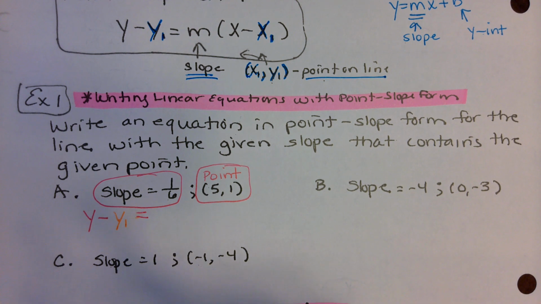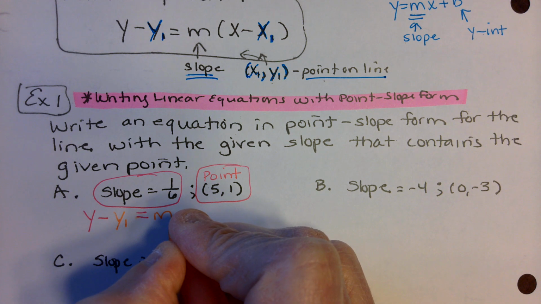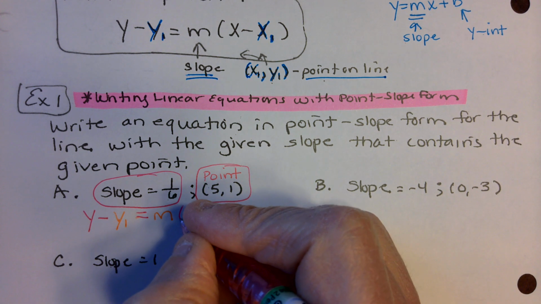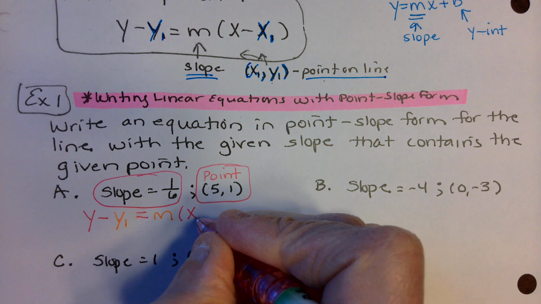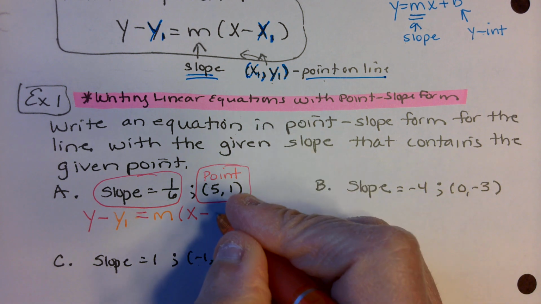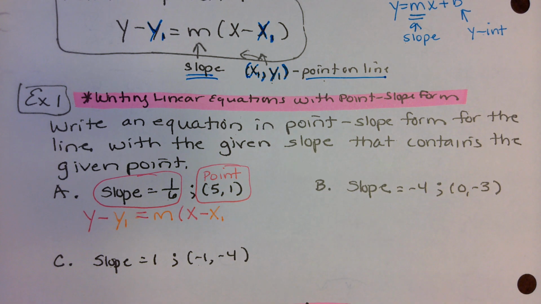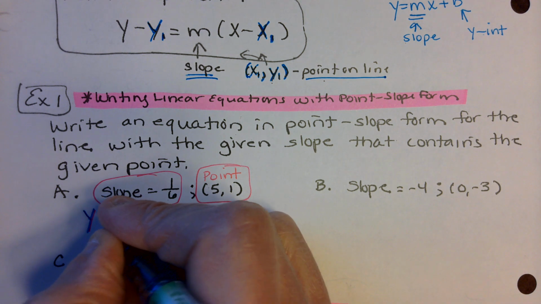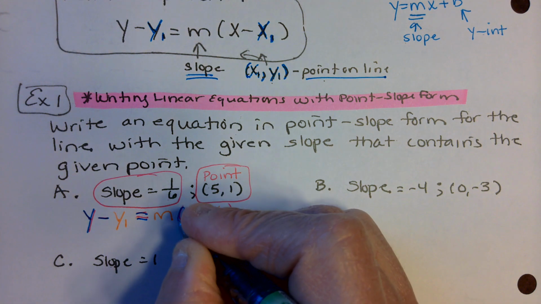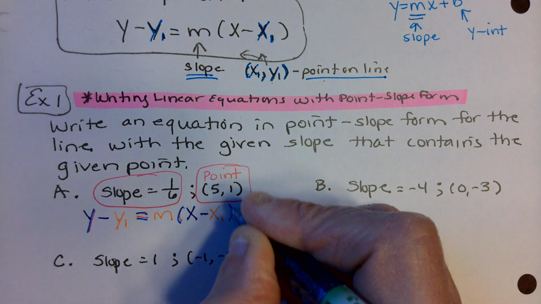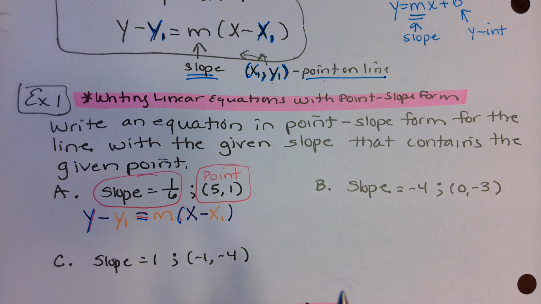Equals the slope. All right, so those are the parts you're substituting in. I know the color choice isn't the best here. In fact, I'm going to do this in blue so that it is a little more contrast. But I think it will make it clear that these are the parts you're substituting in for. The rest of it stays the same.